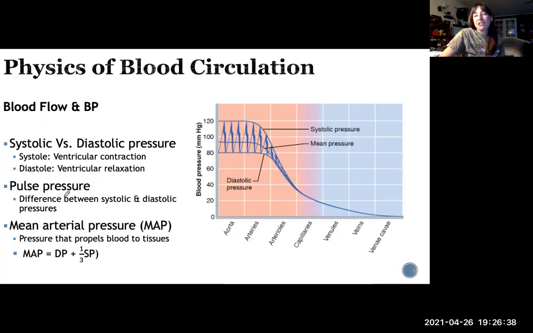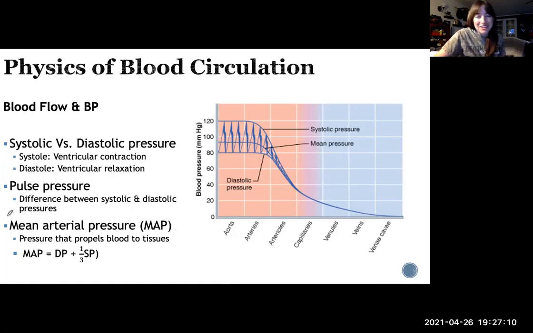The pulse pressure is the blood pressure that you can feel from an artery near the surface of your body. It is technically, in a physics sense, the difference between the systolic and the diastolic pressure, which is also known as the mean arterial pressure. Since we only take pulse pressure from arteries, it makes sense that it would be called the mean arterial pressure.